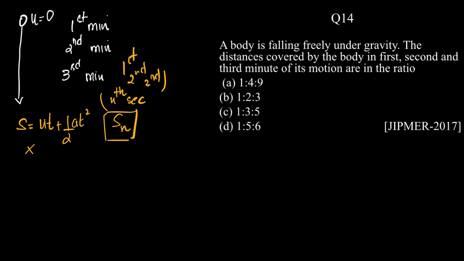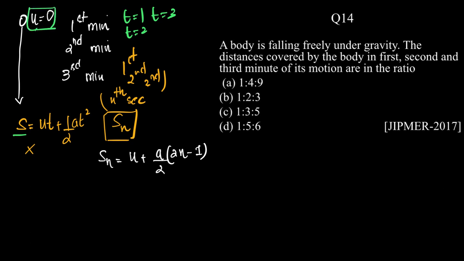If it was given the other way around, at t is equal to 1, at t is equal to 2, at t is equal to 3, then we'd have used S is equal to. But here we'll use Sn. And what is Sn equal to? Sn by formula is equal to u plus a by 2 into 2n minus 1. Now, what is the value of u?